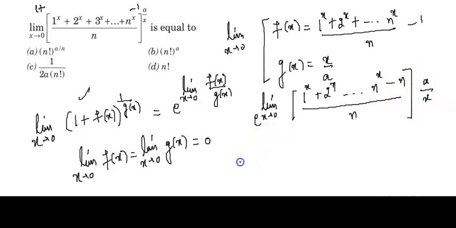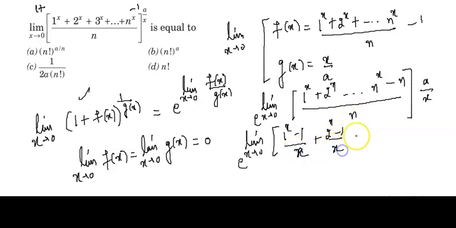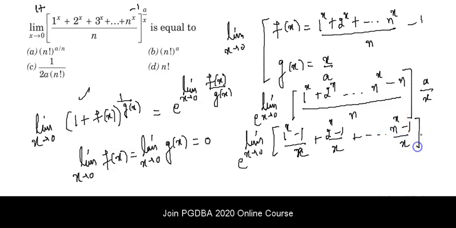So that will be e to the power limit x approaches 0 of 1 to the power x minus 1 by n plus 2 to the power x minus 1 by n. You do one thing, write x here, we will take n outside, and so on up to n to the power x minus 1 by x, and this is a by n here.